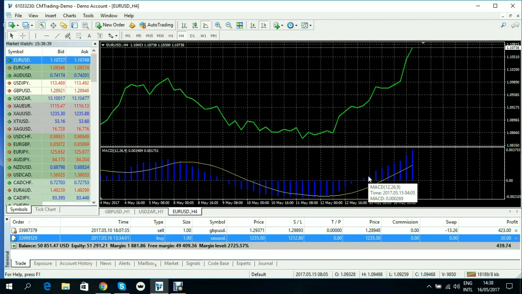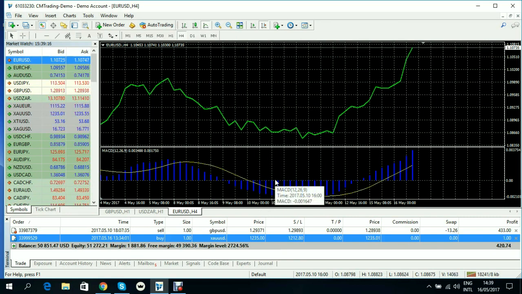The things you need to look out for are the bars crossing the zero line and the signal or the moving average crossing the zero zone or the center. This is the center for MACD. So when these conditions are met, then you can place your trade, be it a buy or a sell.